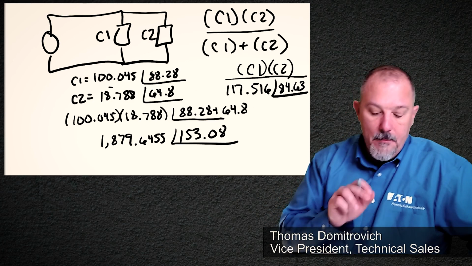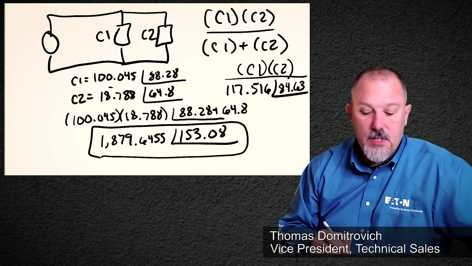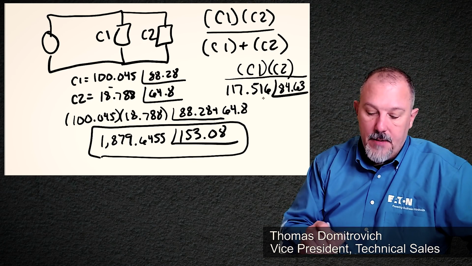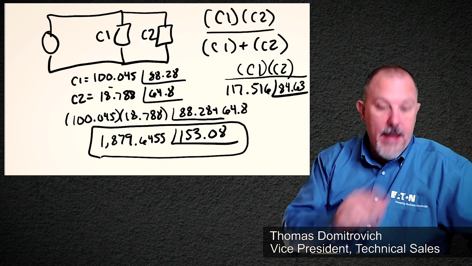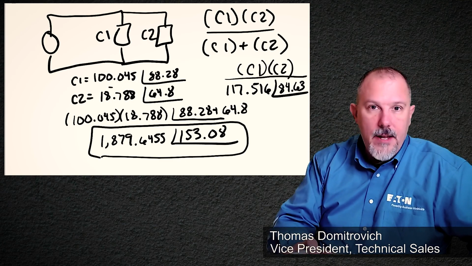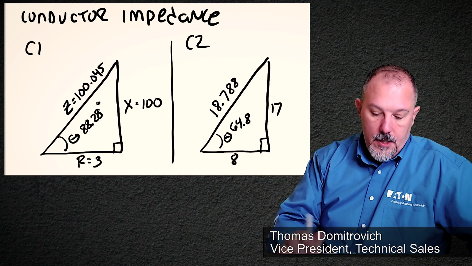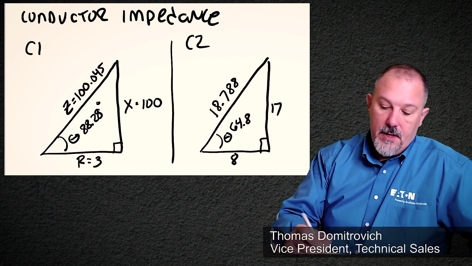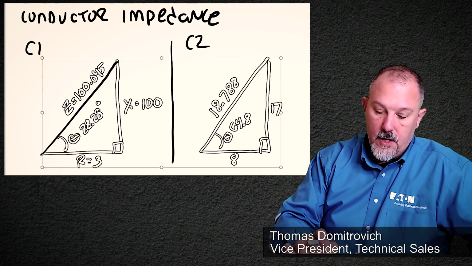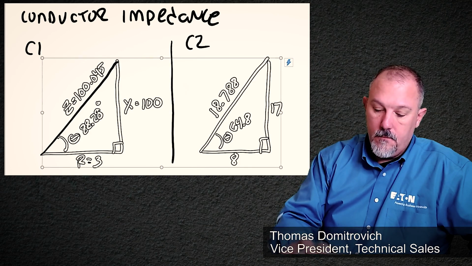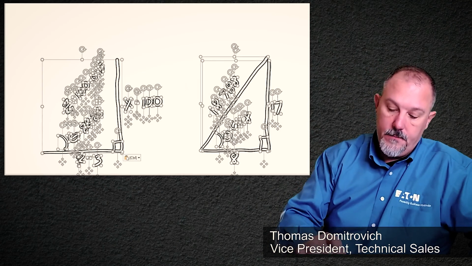Now, if I was going to manually multiply, so there's my C1 times C2, and I would have to divide that by my C1 plus C2 to do the parallel. But before we do that, let's manually multiply C1 and C2. Let's do this. I'm going to copy this. Come down to a nice clean sheet. Paste.